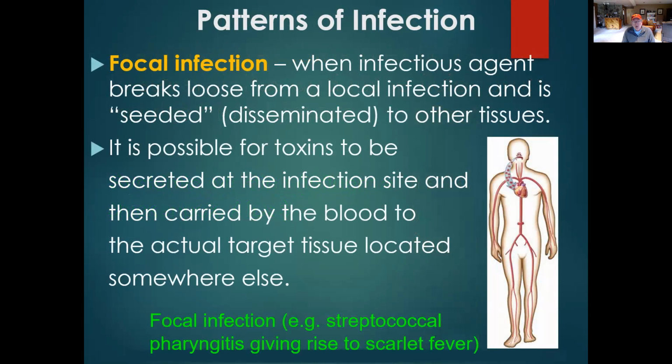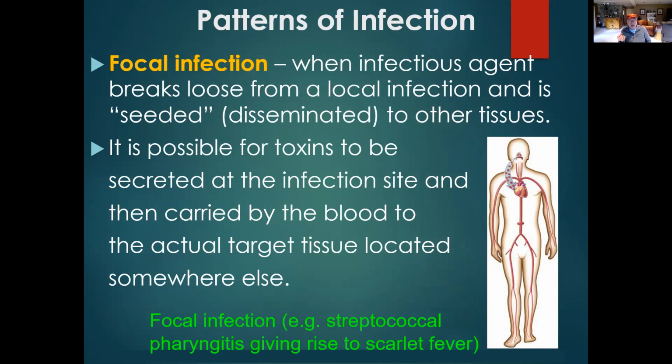Focal. Focal infections occur when a local infection spreads. So we start off at a localized region where that infection occurred or began, and then the pathogen breaks off, if you will, or disseminates to other areas of the body. What's really kind of interesting is the fact that you can have an infection site at location A, where the bacteria is, where it's growing rapidly.